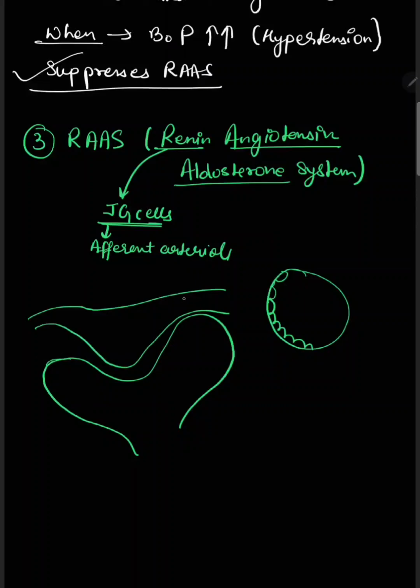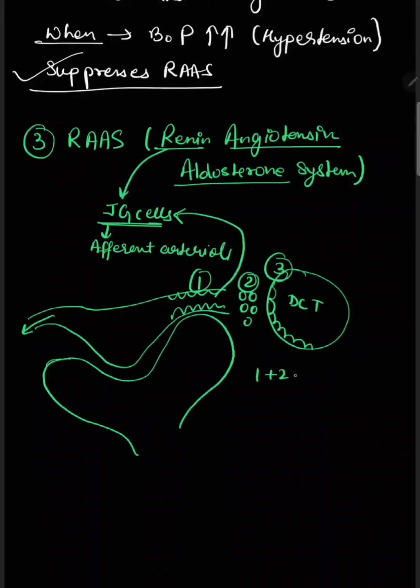Yeah, this is the afferent one, and this is the efferent one. This is the DCT, this is the afferent portion, and here is the Bowman's capsule. So these are the JG cells, and here are some cells of Lacis. So this 1 plus 2 plus 3, they make the juxtaglomerular apparatus.